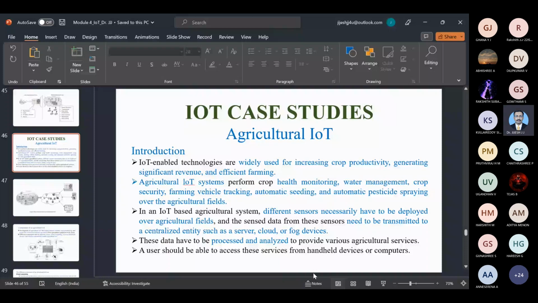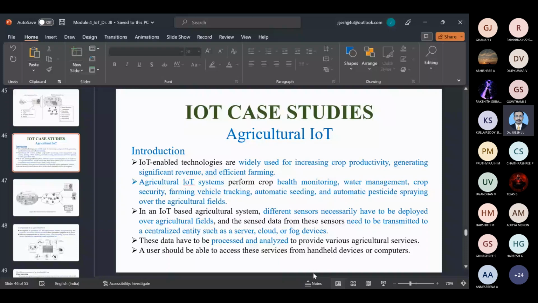So we know that agriculture plays a major role on a day-to-day basis, and any nation or anybody who is associated with this, we first give priority for agriculture. Nowadays the amount of land that is available is less, and the productivity has to be more.